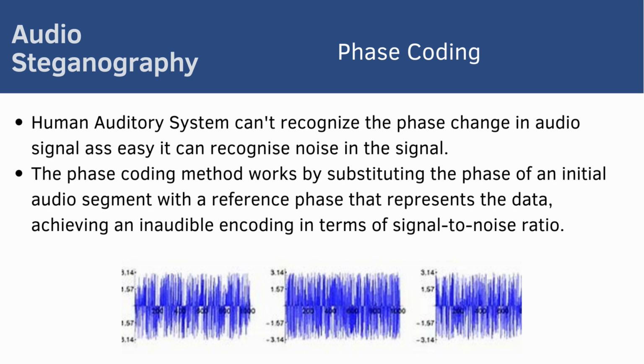For segment S0, the first segment, an artificial absolute phase P0 is created, and for all other segments, new phase frames are created. The new phase and the original magnitude are combined to get a new segment SN, and finally, the new segments are concatenated to create the encoded output.